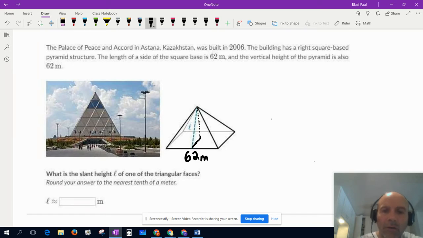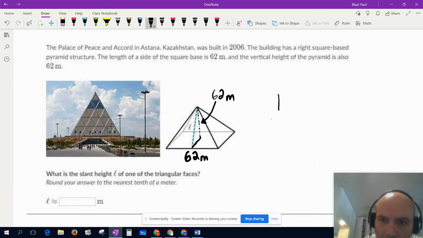So it tells me that this edge of the triangle, the vertical height, is 62 meters. I'm going to go ahead and redraw this triangle over here.